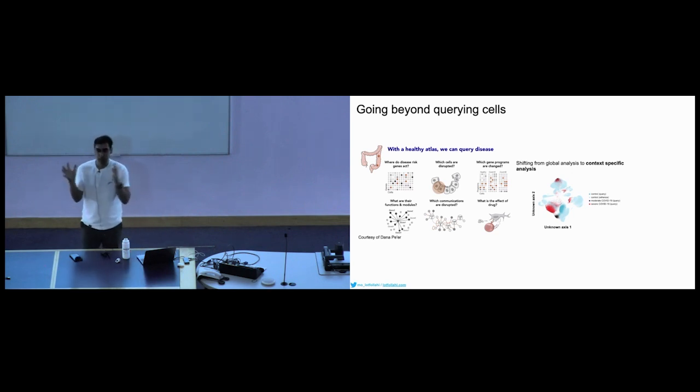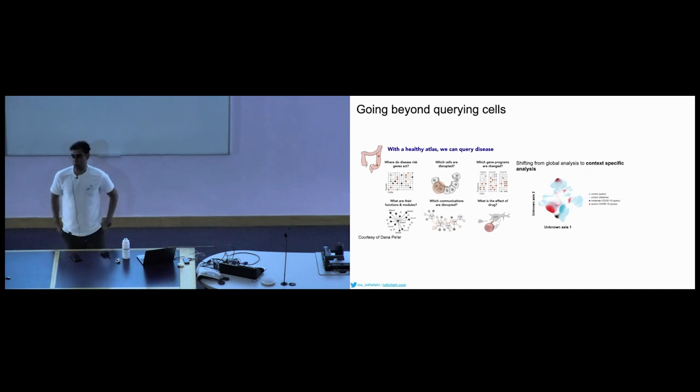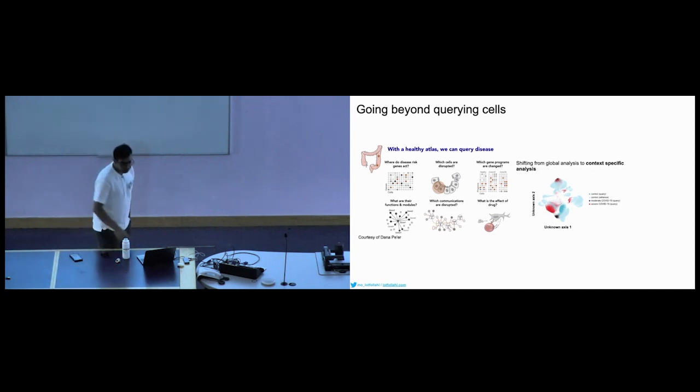Biologists like to explain things in the language of genes and programs. And if you can't give them that, then it's really hard to analyze the data set based on some sort of latent space or unknown variation.